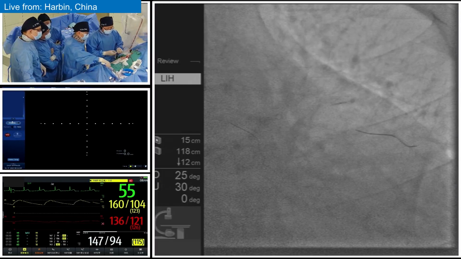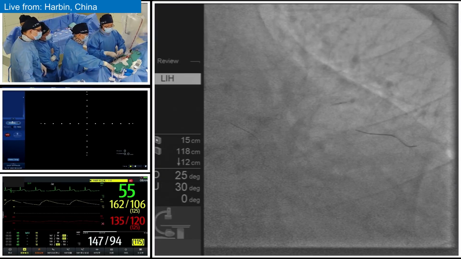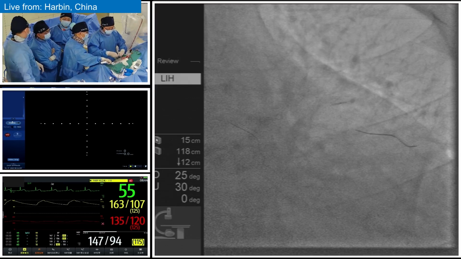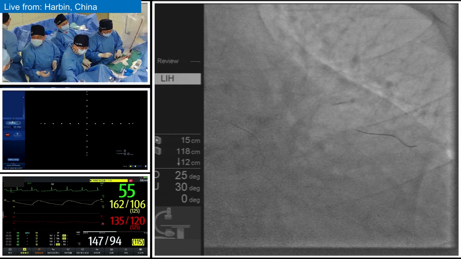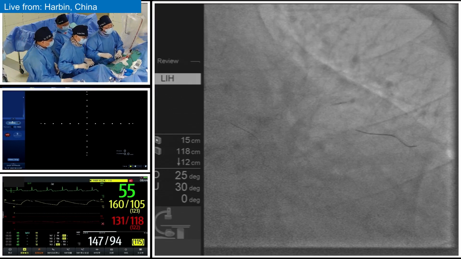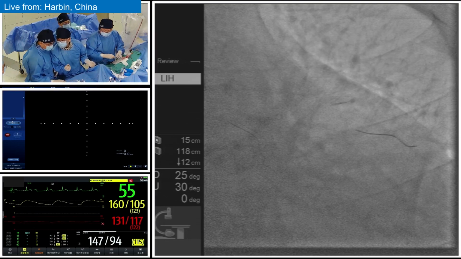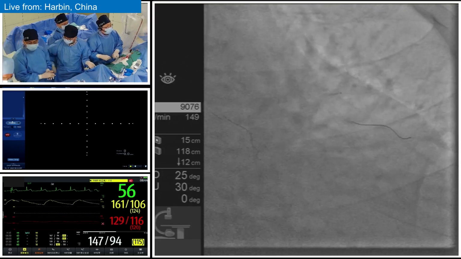I think that the audience is quite interested in our case. Are there any questions from the audience? So we are still using the Pilot 200 to try to puncture into the true lumen.